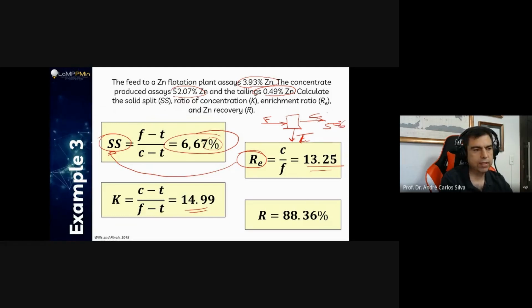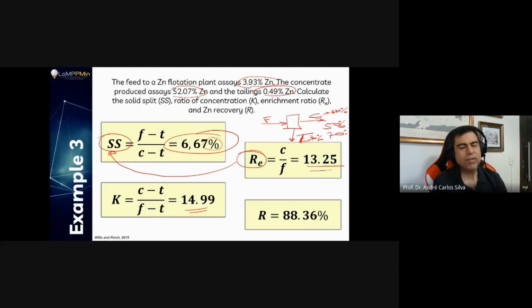So 50% to the concentrate, 50% to the tailings. If I have something like 70%, I know that I have 70% on the concentrate and just 30% on the tailings. So the SS is not the mass yield, it's not even related with the mass yield, because mass yield is going to be directly concentrate and feed.